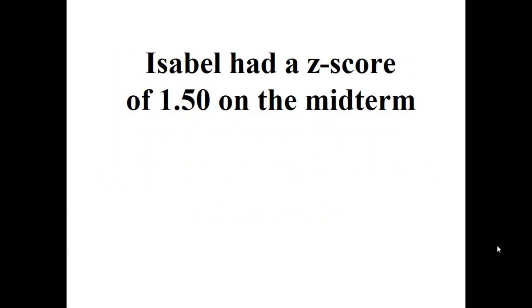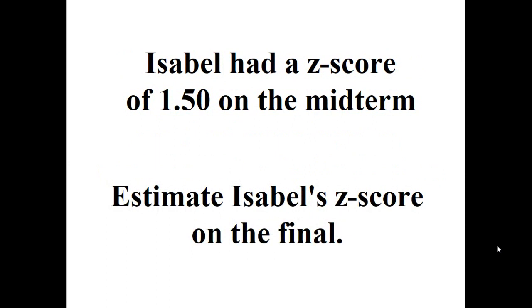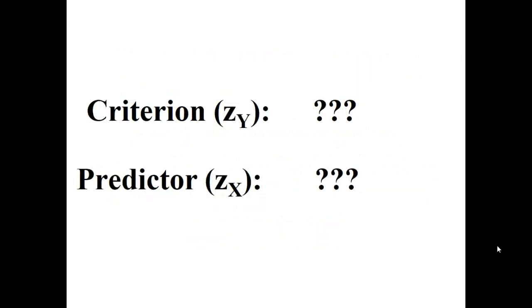We're also given the information that Isabel had a z-score of 1.50 on the midterm. Now, here's the question. Estimate Isabel's z-score on the final. Oh, that sounds so hard, but it turns out it's just a cinch. It's really easy if you use the magic formula.